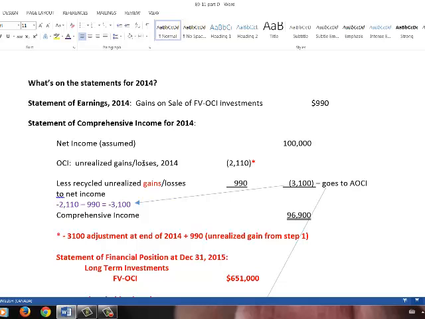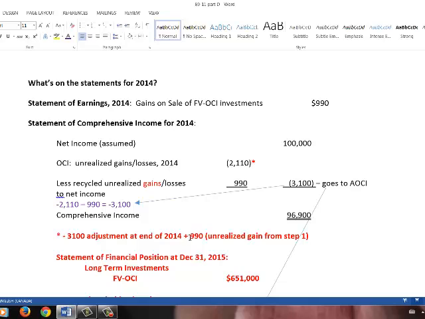OCI is really the unrealized gains and losses that I would have booked for 2014. So what does that represent? First of all, I actually booked an unrealized loss for 2014 of $2,110. And you're probably saying, show me that math because I don't get that. Well, we can show you. If you remember, going back to the question at 2014, there were two amounts that slipped into OCI during 2014.